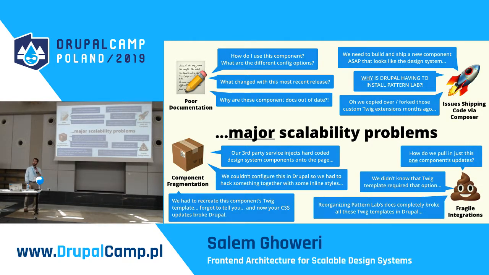And the integrations themselves were actually quite fragile. The static Twig namespace approach, the best practice at the time, is very brittle. You change one folder name inside of your code base, and everything breaks, and you have no idea about it.